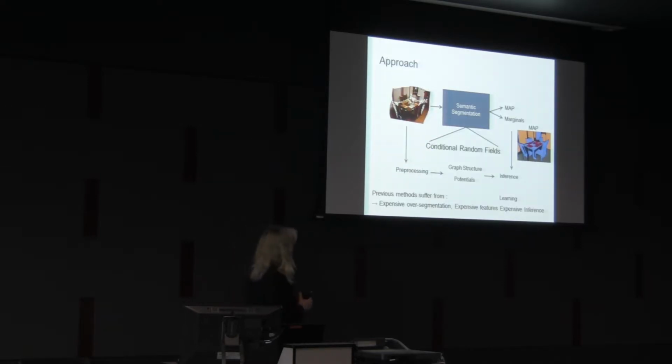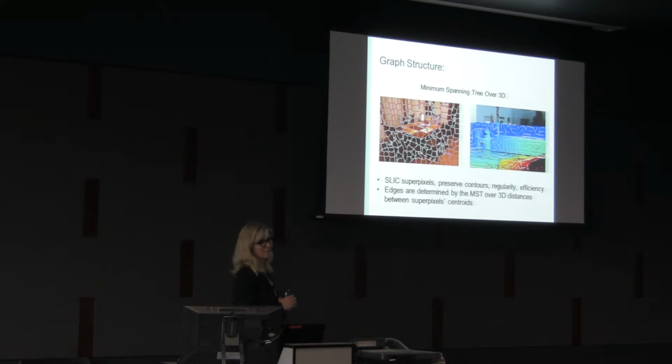We are going to formulate the problem of semantic segmentation in the conditional random field framework. I'm not going to go into technical details, but I'll give you a brief overview of the setting. Conditional random fields formulate the semantic labeling problem as an inference problem on a graph.